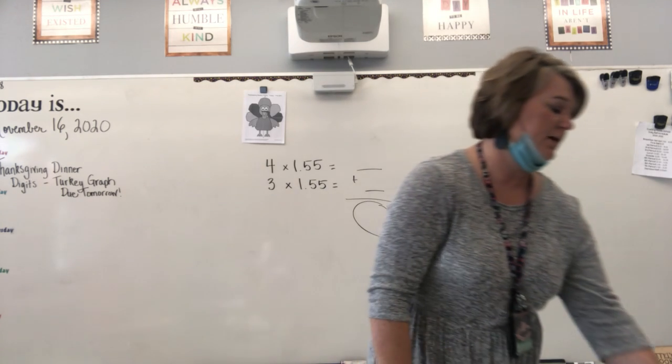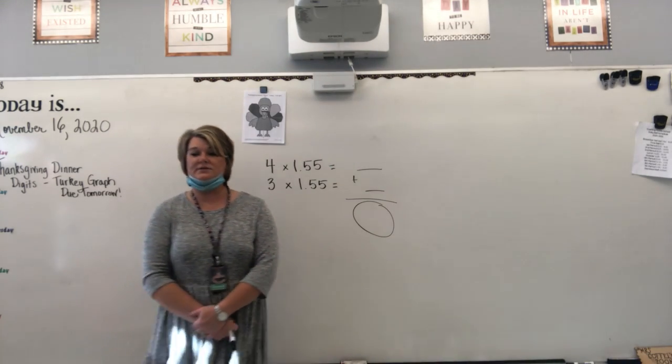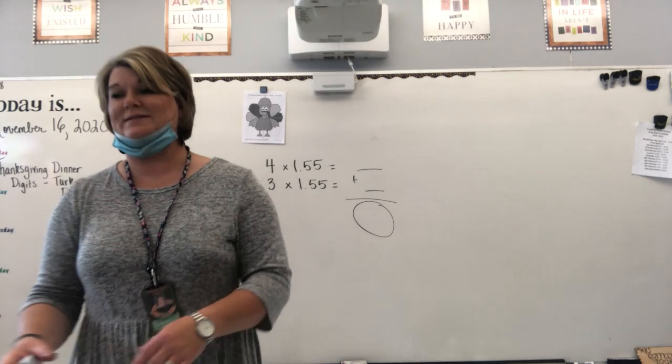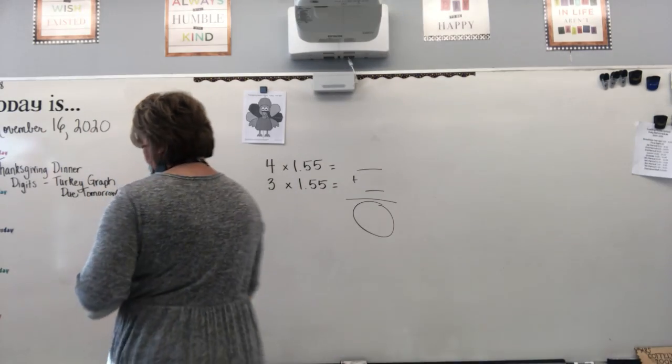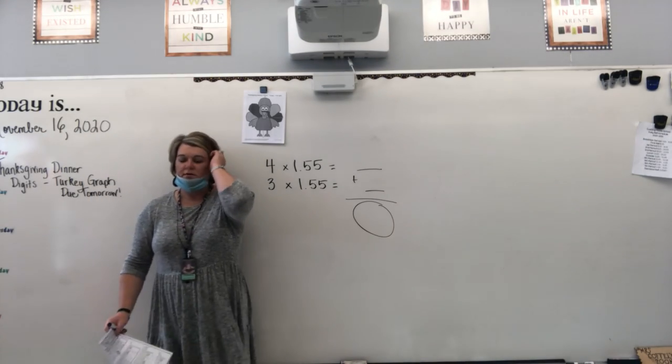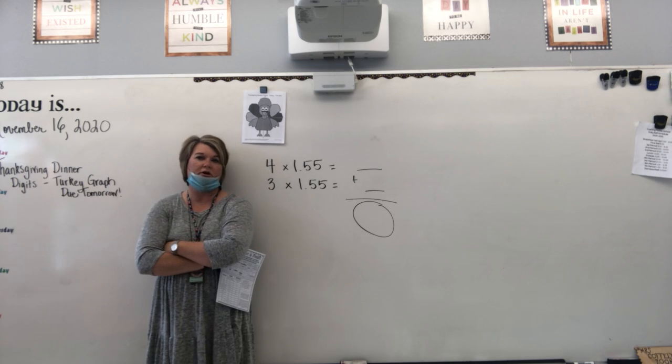Find out how many pounds of turkey you need for your adults and how many for your children. If you need help, I'll help you. If you're at home, you can pull up calculator.com on your Chromebook, or use a calculator on your phone, that's perfectly fine too.